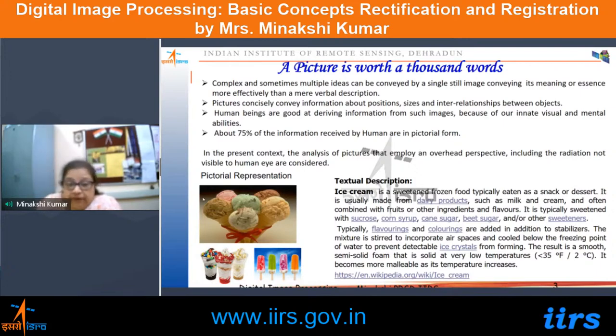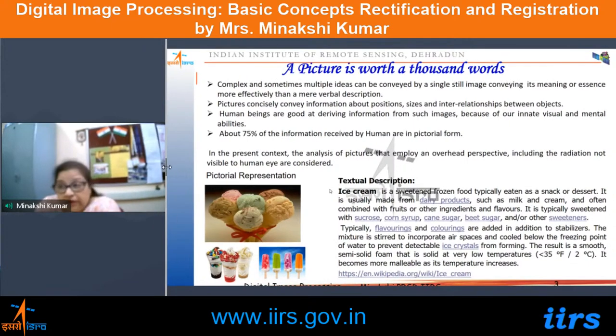For example, if we look at the picture, many of us would get the mouth-watering taste of this dessert, which I have shown here. Some of you would even imagine taking a scoop out of it. And we don't need so many words to describe this picture. The picture itself conveys the information of what is being offered here.